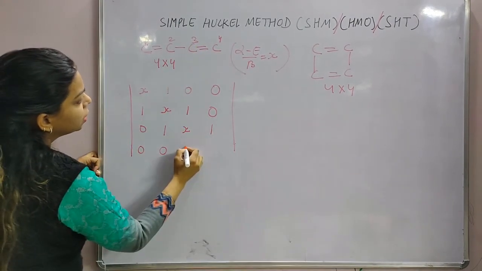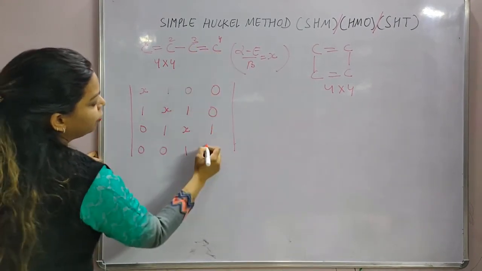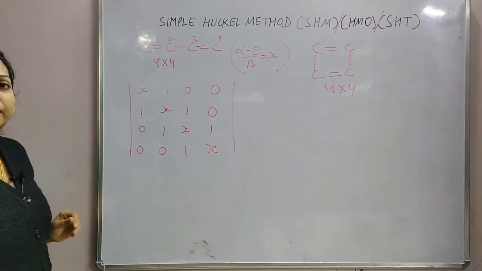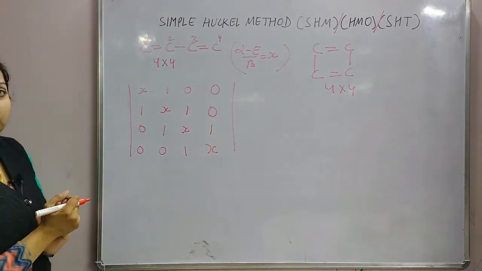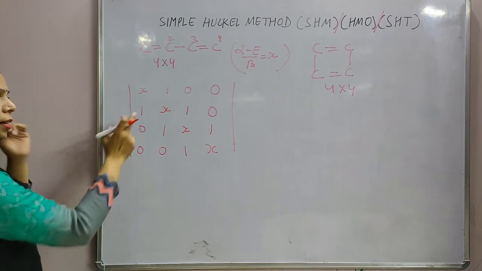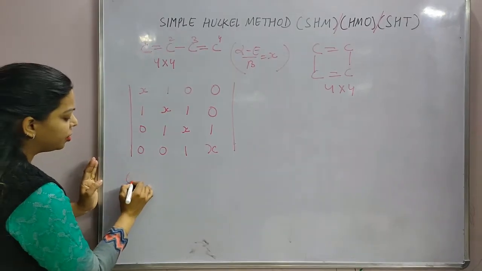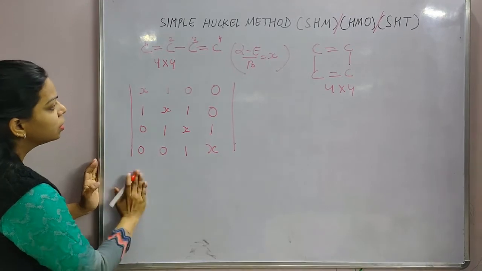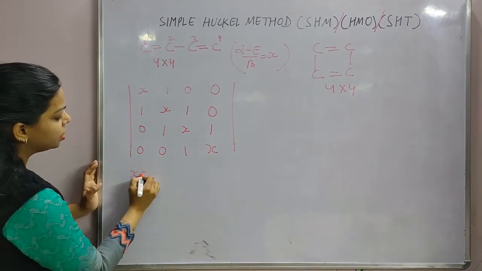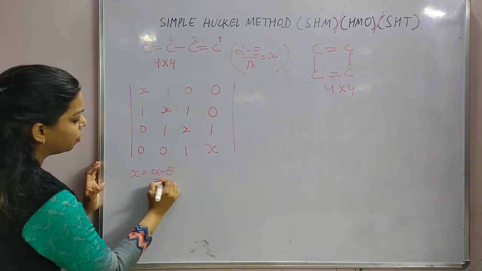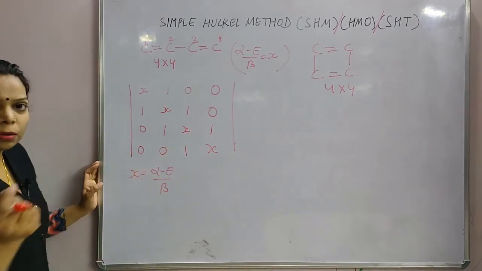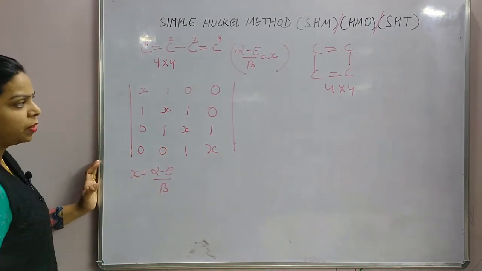Connected with the third, 1. For itself, X. So this way we can write it; this is a simple method to write a secular determinant. Now you can solve this determinant and calculate the energy expression using this equation, X is equal to alpha minus E upon beta. Though it will be a little bit complicated, you can still solve it.